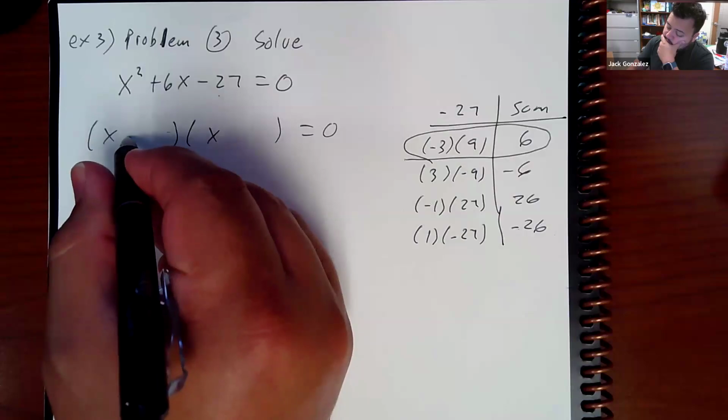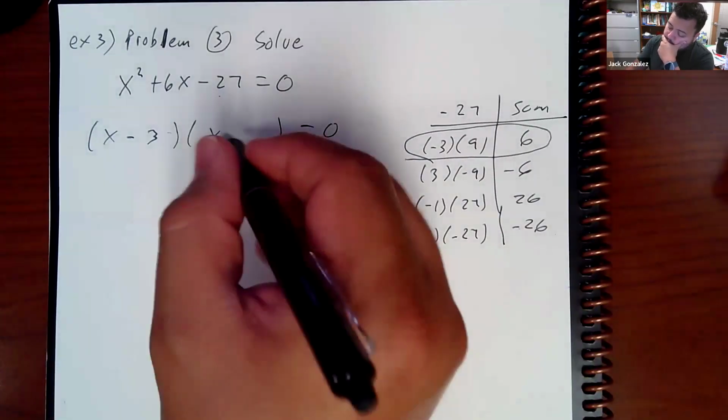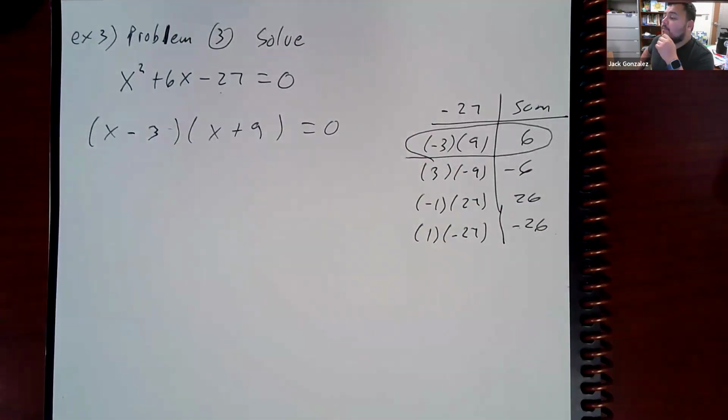Yeah, so just put -3 and 9. And that's it. That okay? All right.